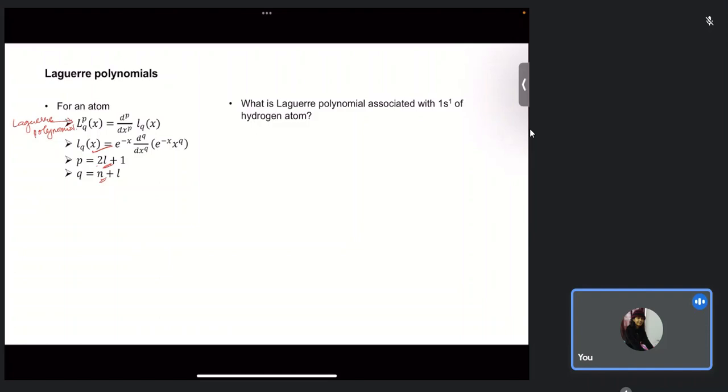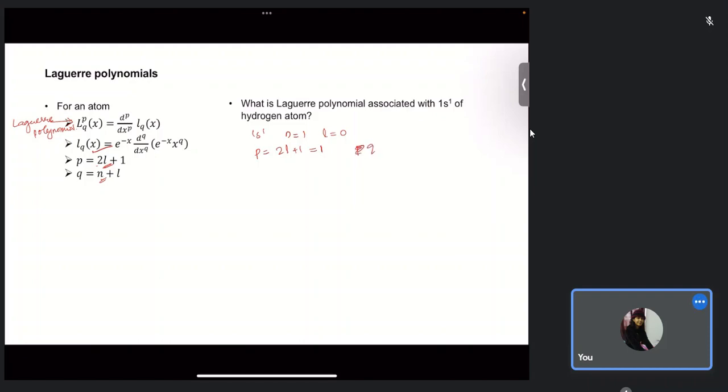Let's define the Laguerre polynomial for the 1s1 orbital of the hydrogen atom. So for 1s1, N is equal to 1 and L is equal to 0. P is equal to 2L plus 1, so that is going to be 1 because L is equal to 0.